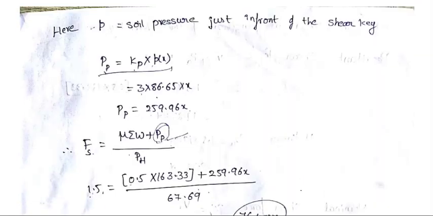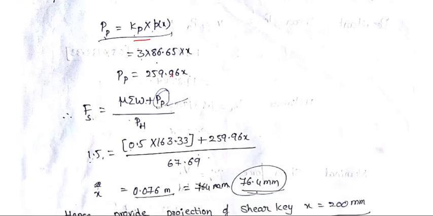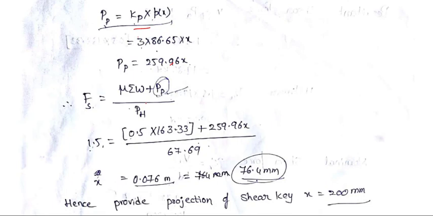Come to below this one. So passive pressure is equal to Kp into P into X. So Kp we know is 3, P is 86.65 from previous steps, into X. Okay, so Pp is equal to 259.96 X. Next one. So Fs is equal to mu into summation of W plus Pp, divided by PH.